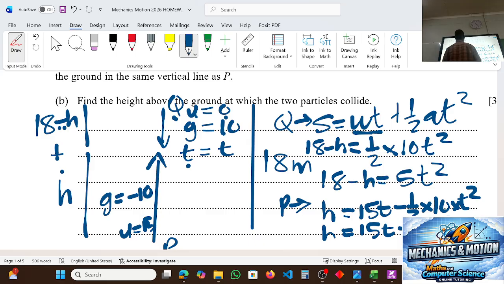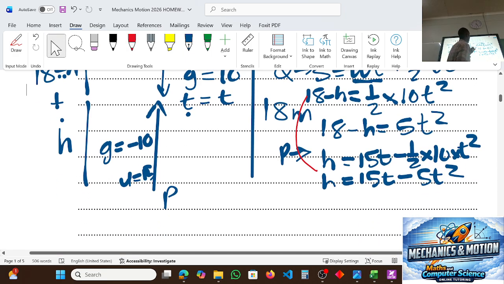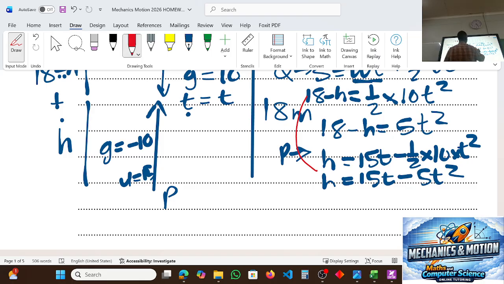So my interest this time around is to connect these two, because it's going to be simultaneous equations where I'm interested in eliminating one of the unknowns. I'm going to start by eliminating h because I want to know the time. These are the ones we are dealing with.